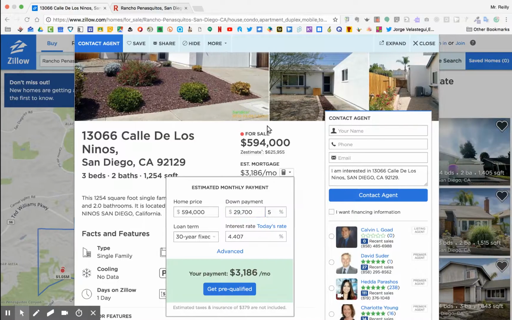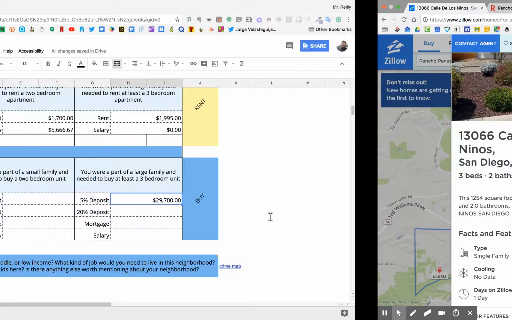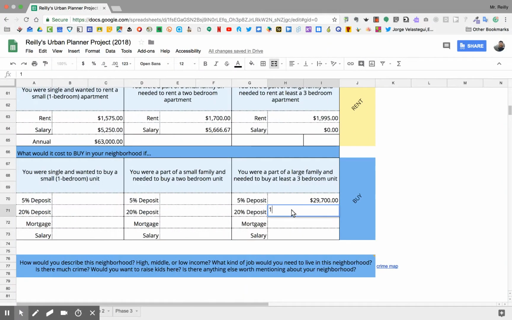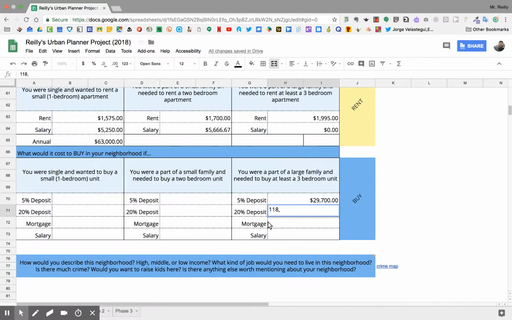Now let's jump over to 20%. It would be nice. That's kind of the goal, is to get 20%, right? If you were to have 20% in cash to purchase this house, you need $118,800.